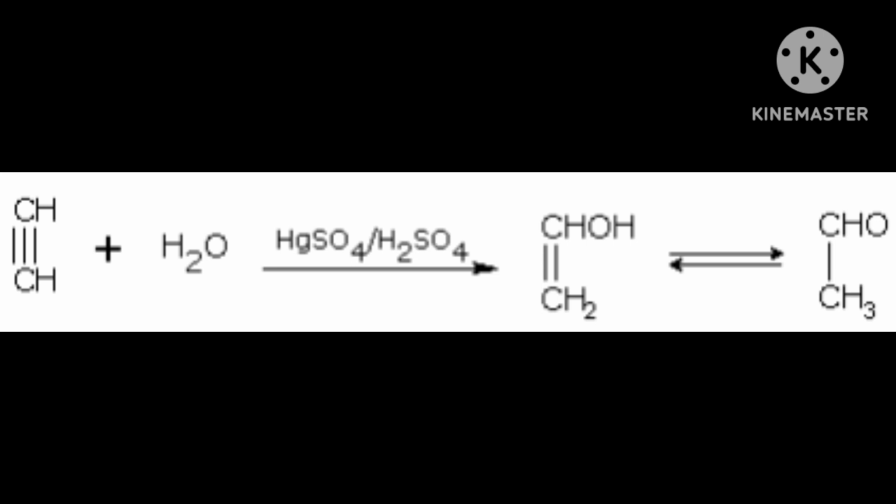Then it became CH2=CHOH, and on isomerization this CH2 will become CH3, correct, and the hydrogen from OH goes to it. The carbon double bond is gone, it becomes a single bond, and it becomes CH3C.